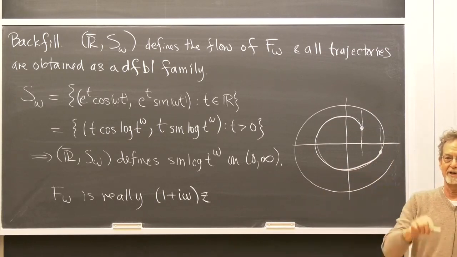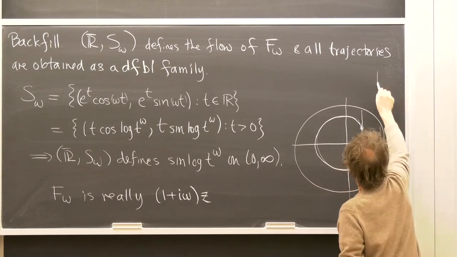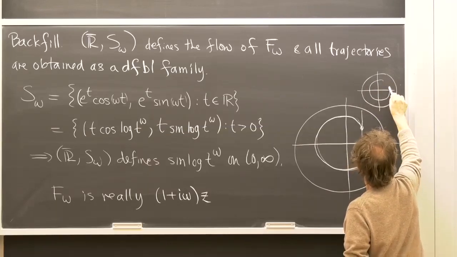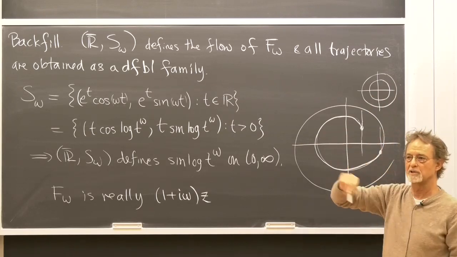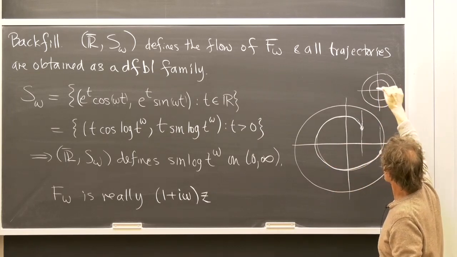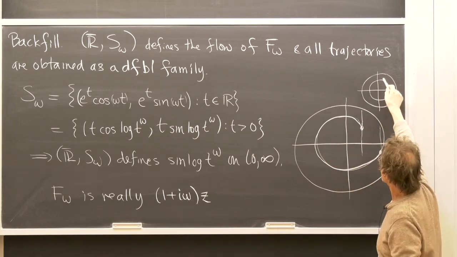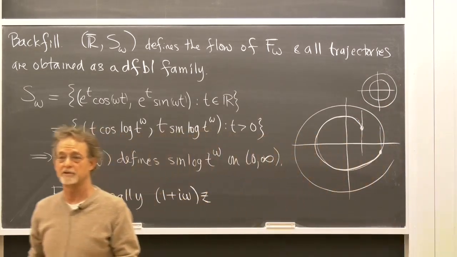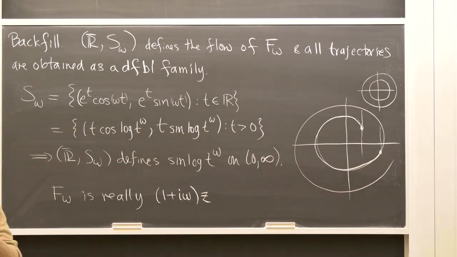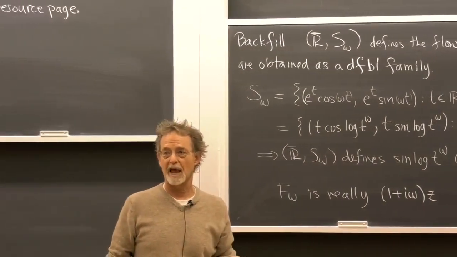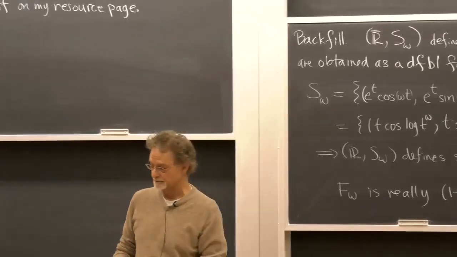My scale is not very good, right? But if I look at annuli and let those intersect with the spiral, whether closed here, open here, whatever, intersecting with this will give me the bounded trajectories. Doesn't matter how big. So they all will show up as a definable family, and the whole flow of the vector field is definable.